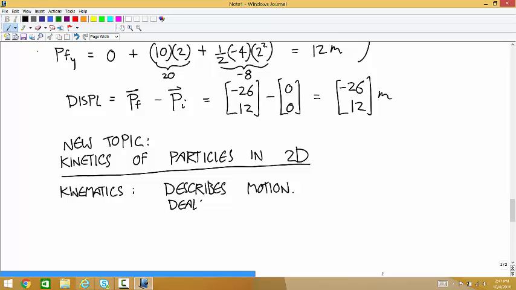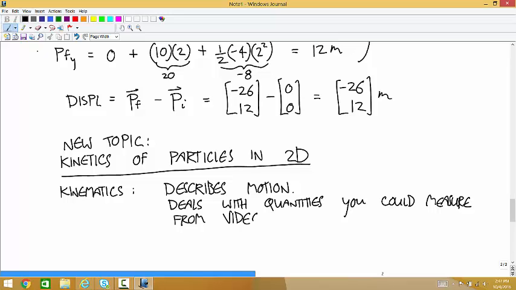And that means that it deals with quantities you could measure off of a video. And those quantities are time, position, velocity, and acceleration.